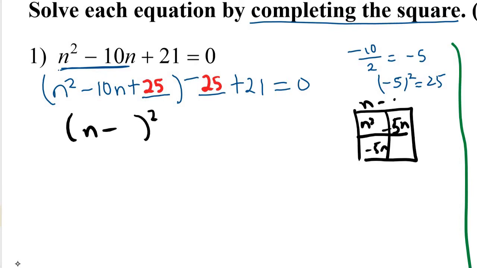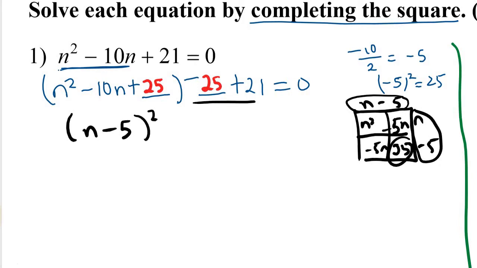This must be n minus 5, and this must be n minus 5. This is where the 25 is coming from, and this n minus 5 times n minus 5 is n minus 5 squared, okay? And then we can add these terms together. Negative 25 plus 21 is negative 4 equals 0.